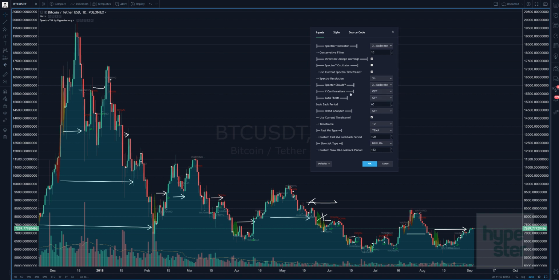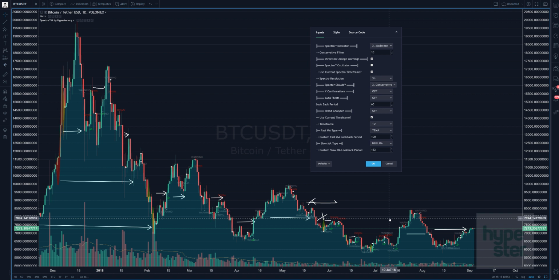Why? Because when they appear, it's very, very likely they're gonna be right. You see, when I turn on the conservative one, it's 100% precision. Every single one that appeared on the conservative mode, like this one, the one on the crash, this one here, this little one here, they don't appear often, but when they do, they have a very high precision. And that's as simple as that.